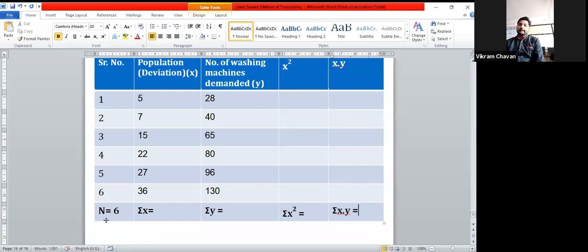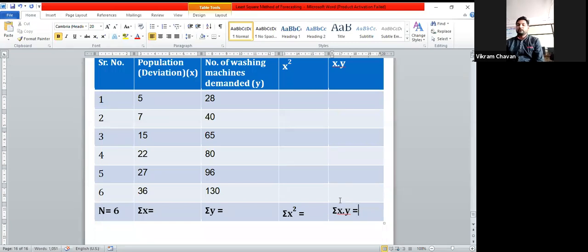Now we are getting n, summation of x, summation of y, summation of x square, summation of x multiplied by y. Then we can calculate the a and b values by using the previous two formulas that we considered for a and b when the deviation is not equal to 0.